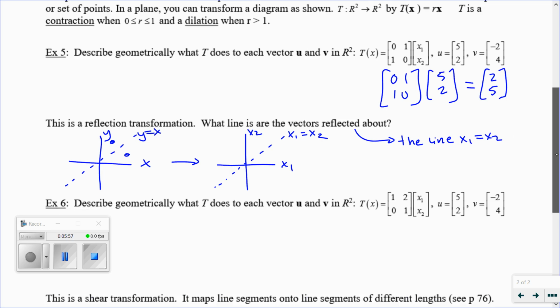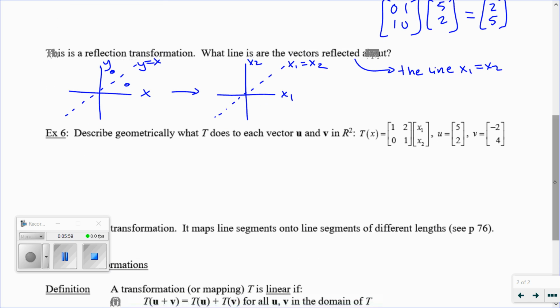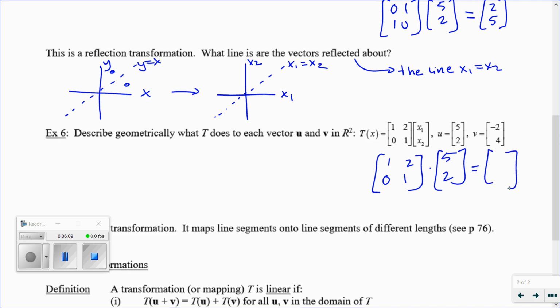All right, so let's do this one real quick. Let's do 1, 2, and 0, 1 times 5, 2. So what happens to the 5, 2? 1, 2 times 5, 2 makes 5 plus 4, 9.